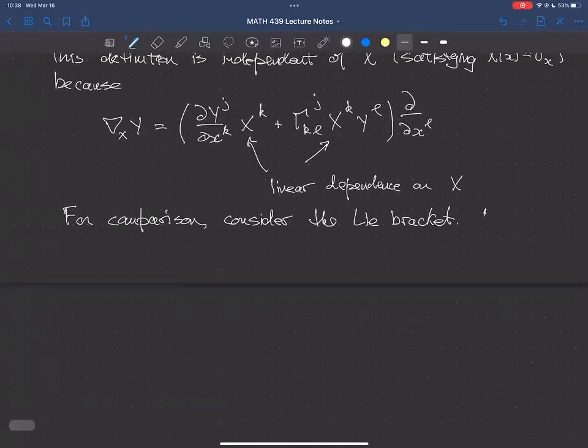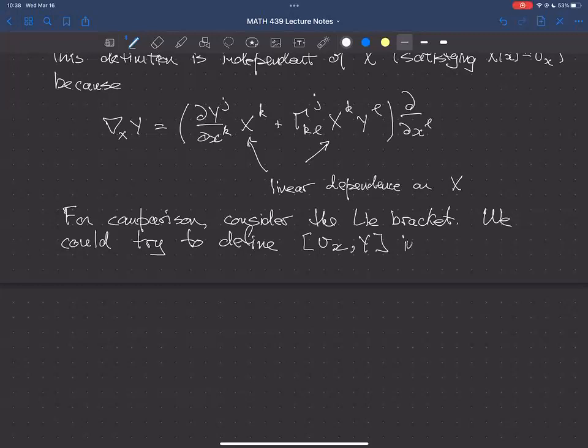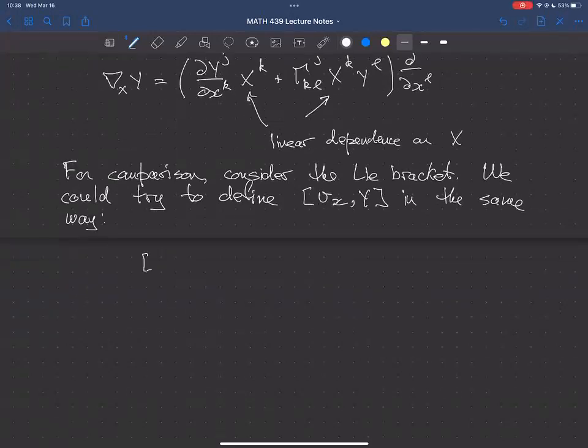Okay, we could, wrongly, as we'll see, okay, so the adaptation of the previous construction would look like that, right?